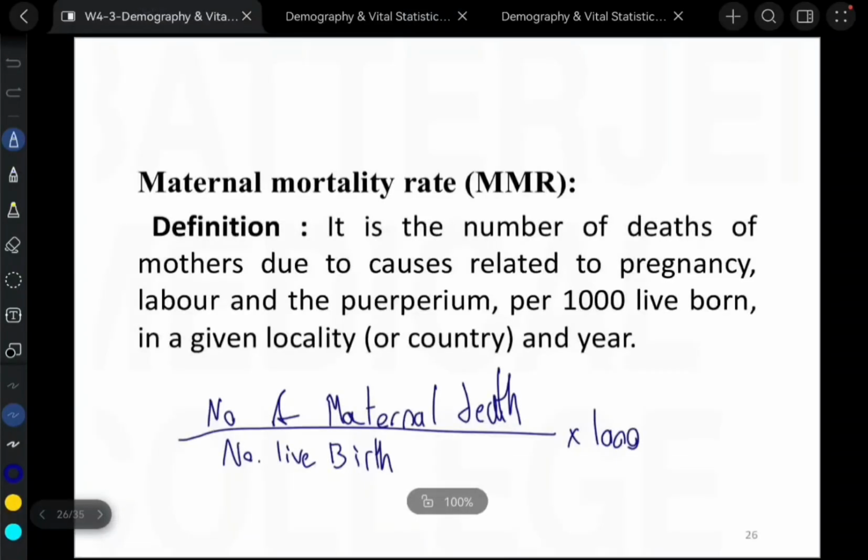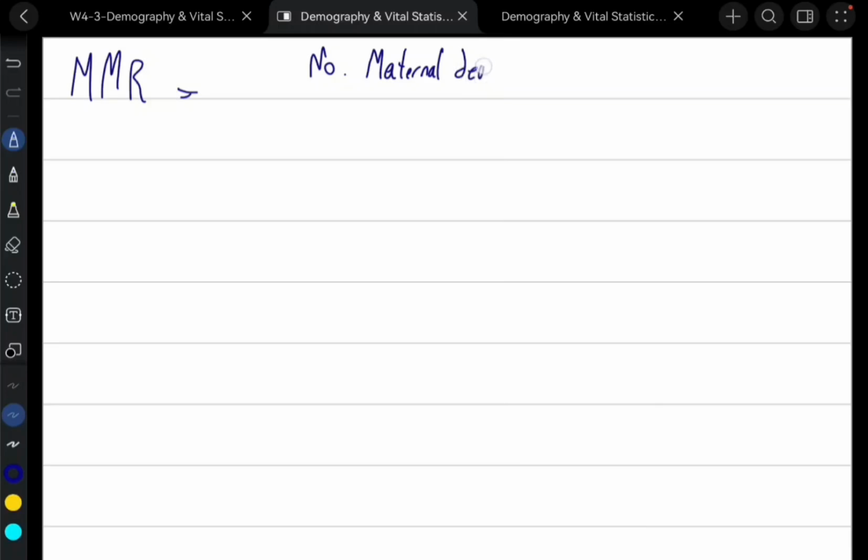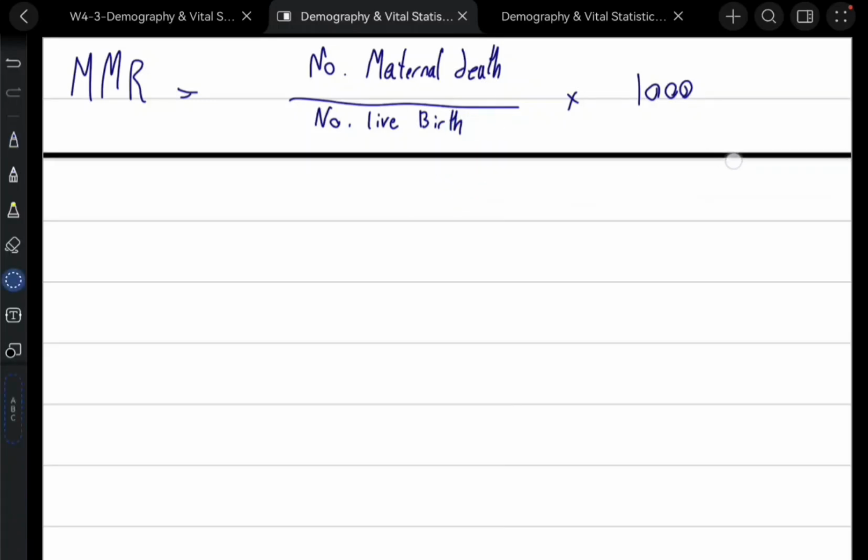Maternal mortality rate, right? MMR. Great.